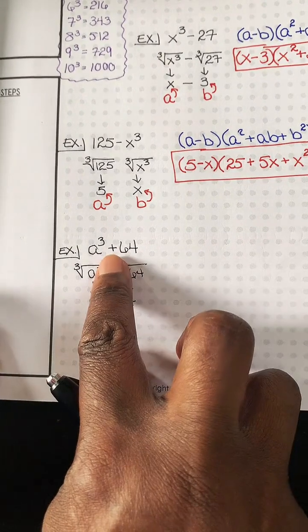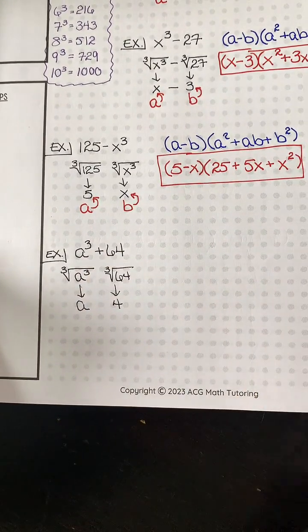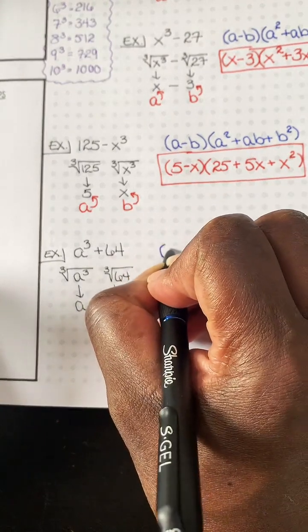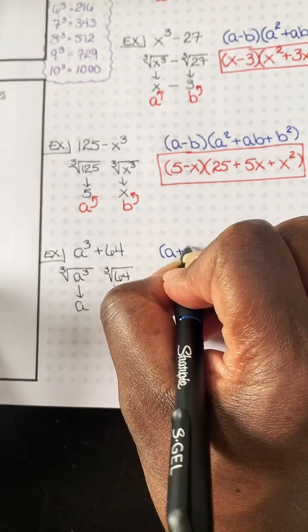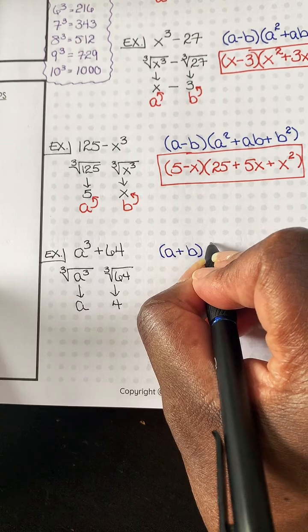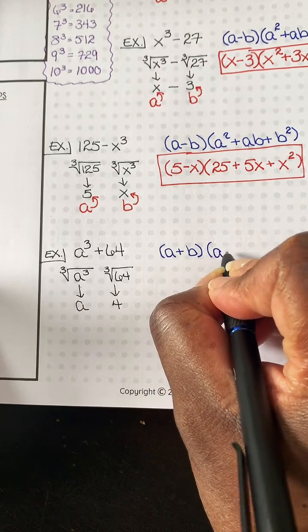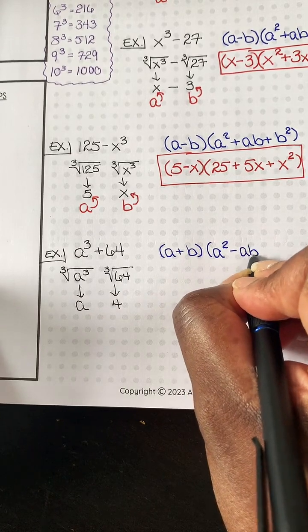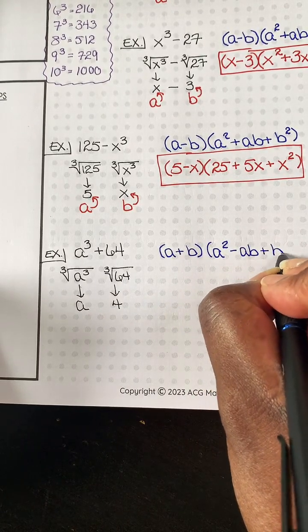So since we're using the sum of the cubes, we are looking at my A plus B. And since this first parenthesis is going to be addition, that means we have A squared minus AB plus B squared.